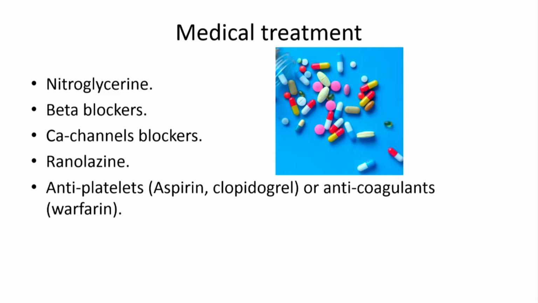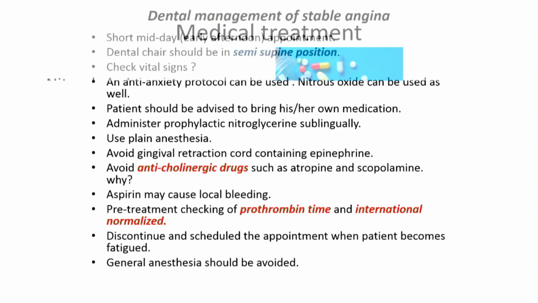Antiplatelets like aspirin or clopidogrel, or anticoagulants, could also be given, because the main cause of ischemic heart disease is ischemia, so there is thrombosis of the coronary arteries. The physician may prescribe anticoagulants or antiplatelets to make the blood thinner and decrease its coagulability to prevent coagulation or thrombus formation.